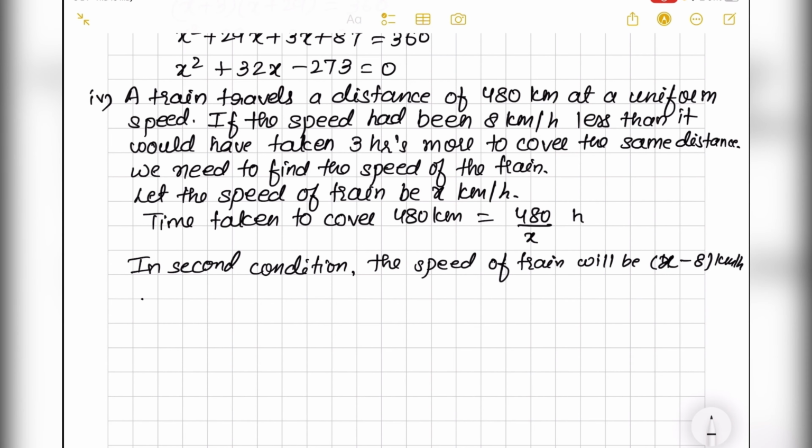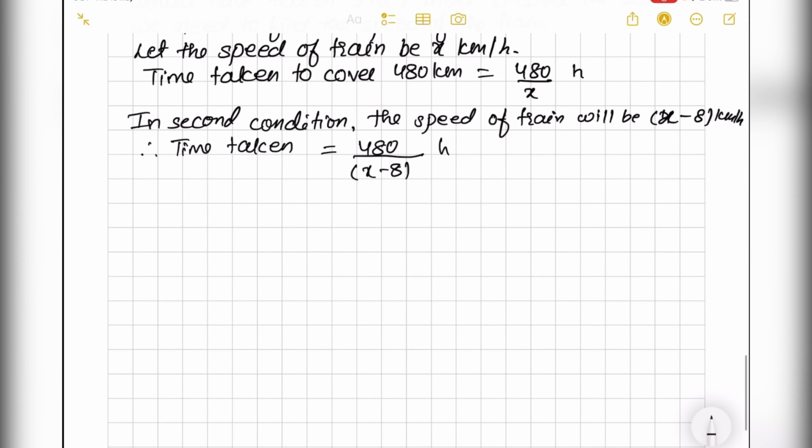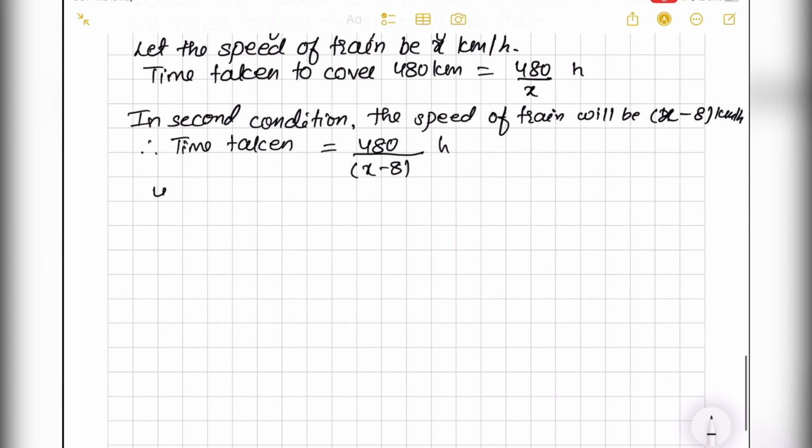Now time taken will be, again the distance is the same, 480 upon x minus 8 hours. Now he is saying the difference between the two timings is 3 hours. So can I make the equation like this? 480 upon x minus 480 upon x minus 8 equal to 3.